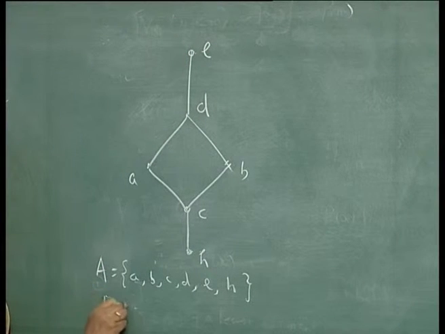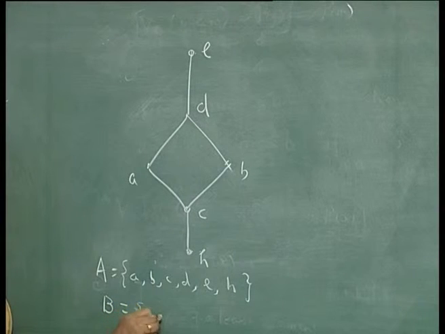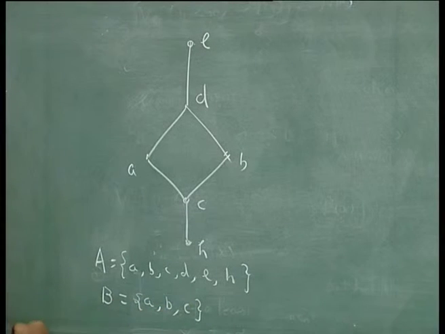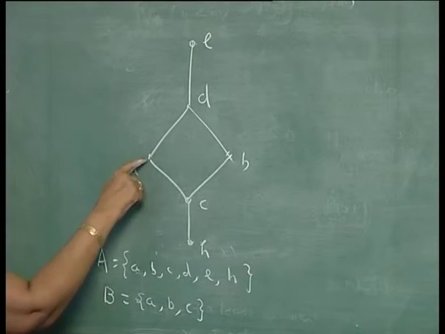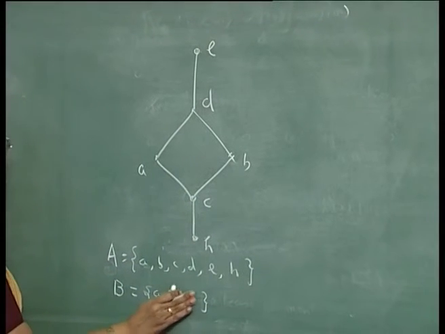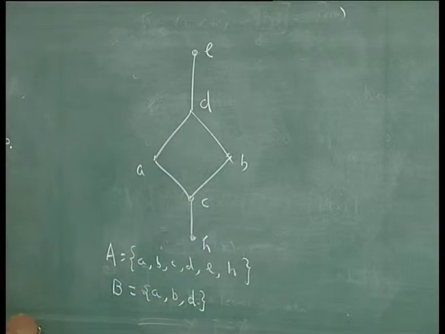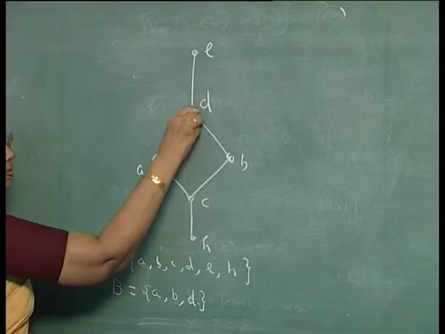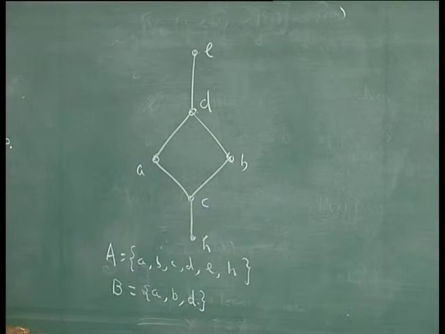Now, you take a subset of A, B, C. I will just take A, B, C, or maybe I will take A, B, D. If I take a subset A, B, D, then among these three elements, D is the greatest element. It also happens to be the maximal element. There is no least element here, but A and B are minimal elements.